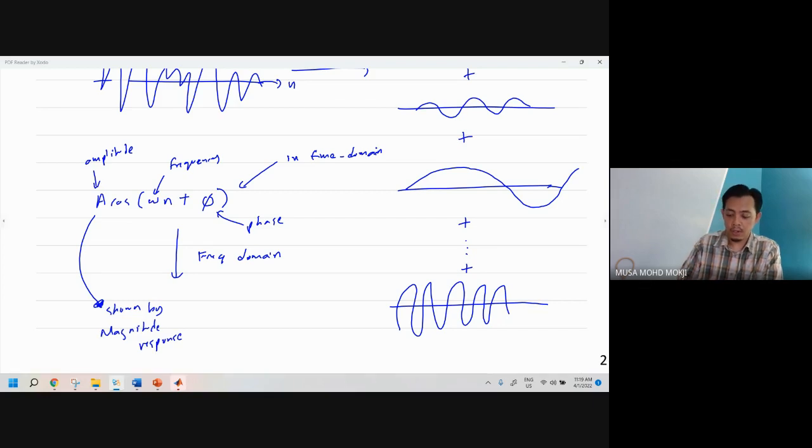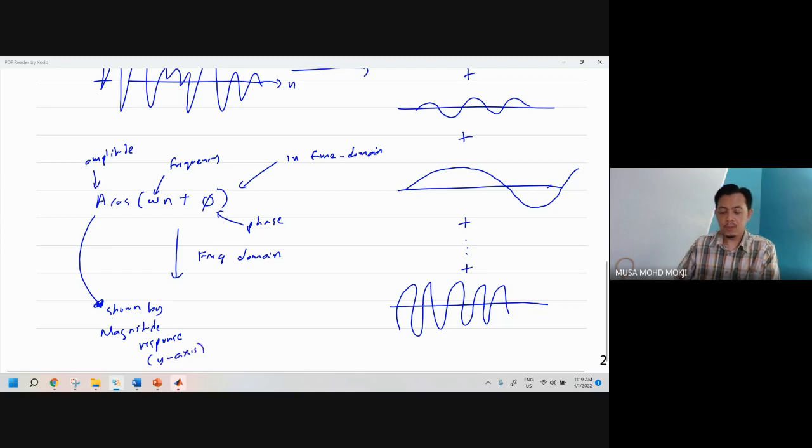Okay, the magnitude response on the y-axis. So if you have A, then the magnitude is actually proportional to the amplitude. And this is the phase, which is shown by the phase response.